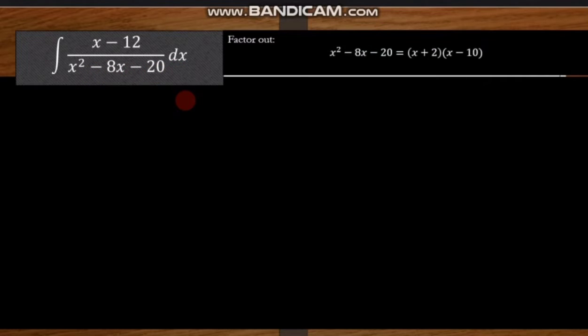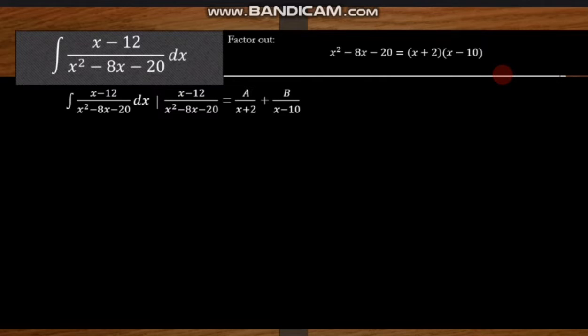The first thing we need to do is to factor the denominator, which is x raised to 2 minus 8x minus 20, and its factors are the quantity x plus 2 and x minus 10. So now, we can decompose the fraction into partial fractions.